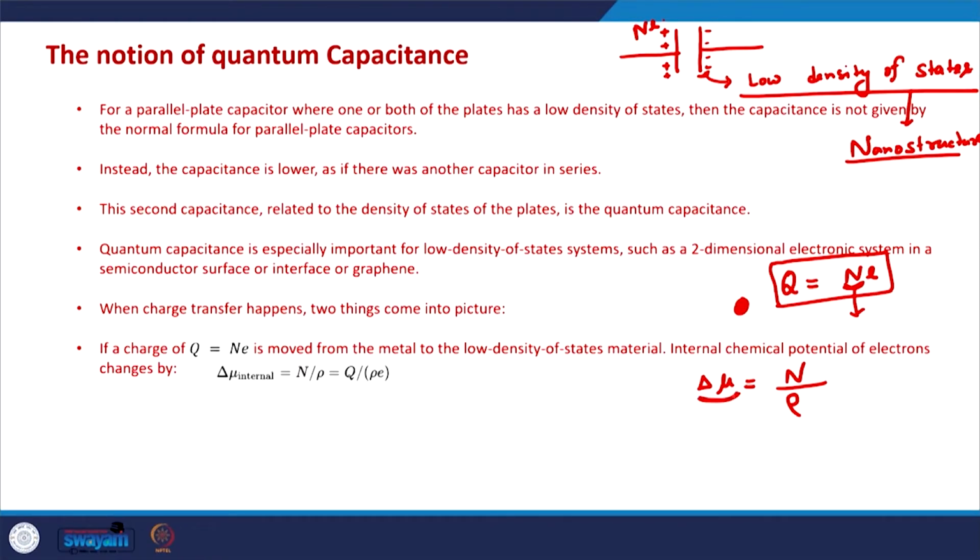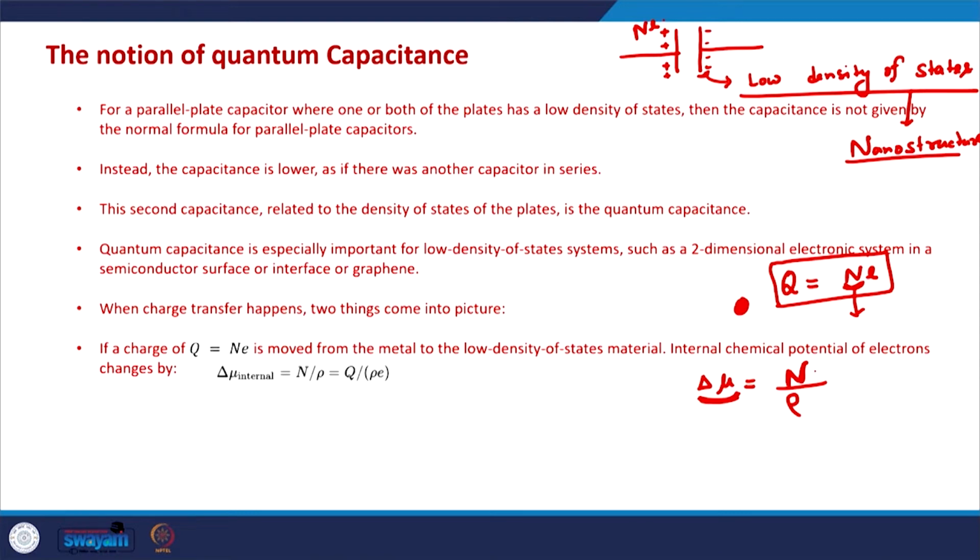So the change in the chemical energy of the system, or the chemical potential of the system, will be given by the number of electrons that are changing on the plate, divided by the density of states. So that will correspond to the energy change in the system.